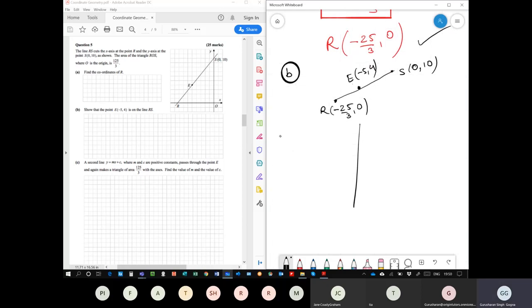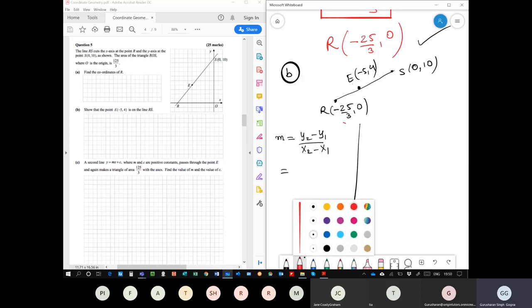There are two methods. You can do both ways or either way. One way is I need to get the equation first, and before I get the equation I need to get the slope. So what's the formula for the slope? y2 minus y1 over x2 minus x1, and I know 2 points on the line, so I'm just calling this x1 y1, and this x2 y2.